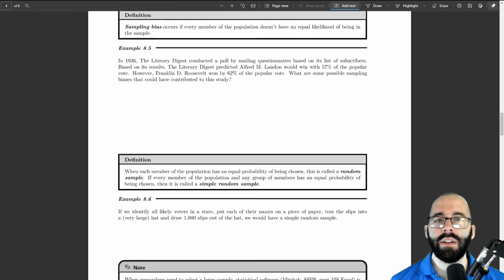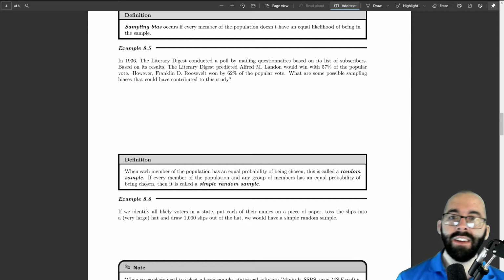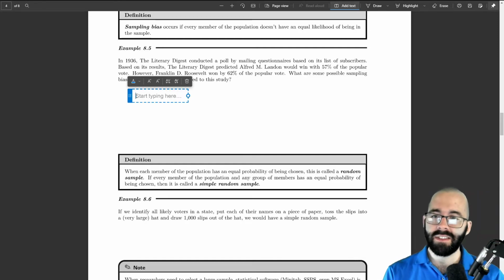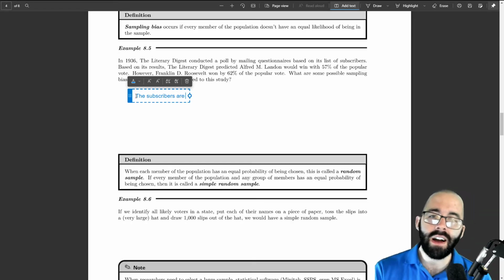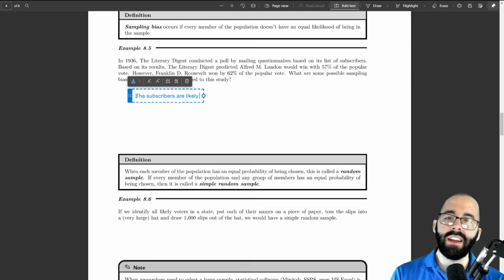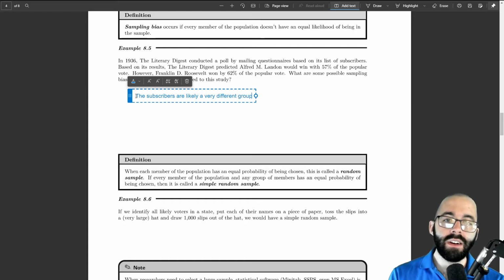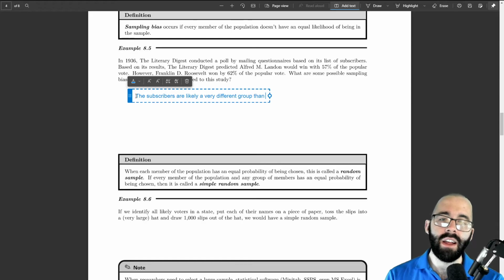So this digest in 1936 did a poll by mailing these questionnaires to its subscribers. The subscribers are likely a very different group than the entire voting population.